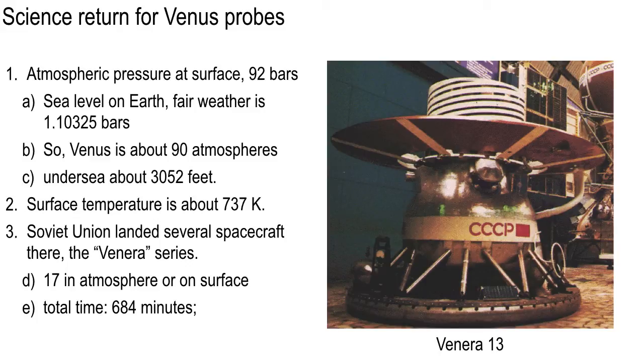The total time on the surface for 17 spacecraft, 684 minutes. And you can see why. Under that kind of pressure and that kind of temperature, you're going to get zapped. And the longest that anything lasted down there on the surface of Venus before it was totally fried to a crispy crunch was 127 minutes.